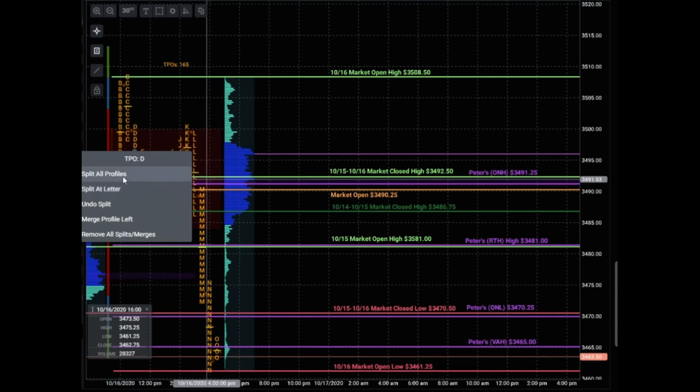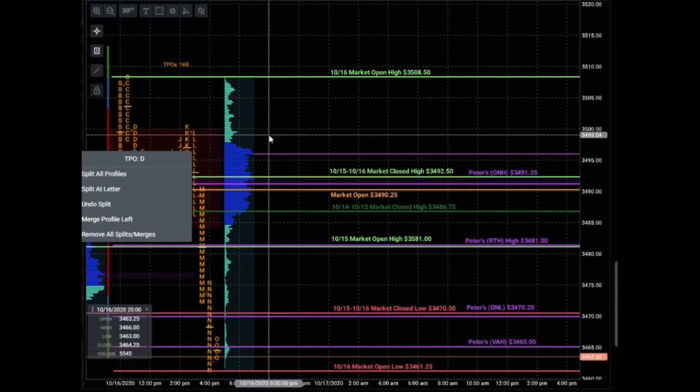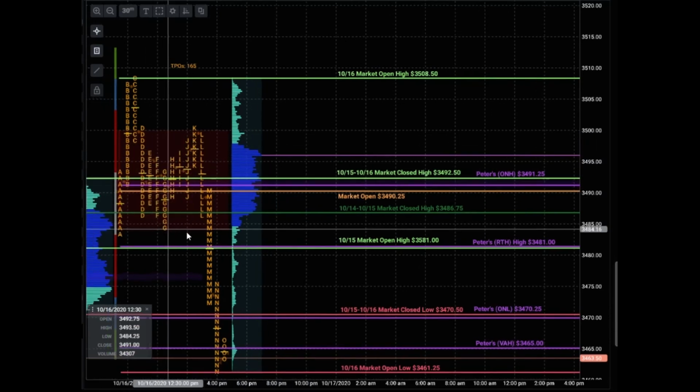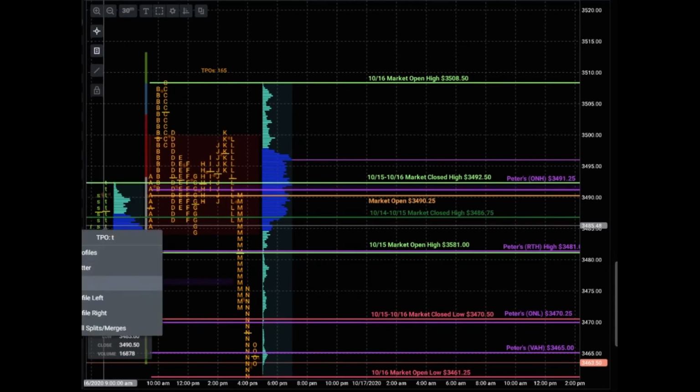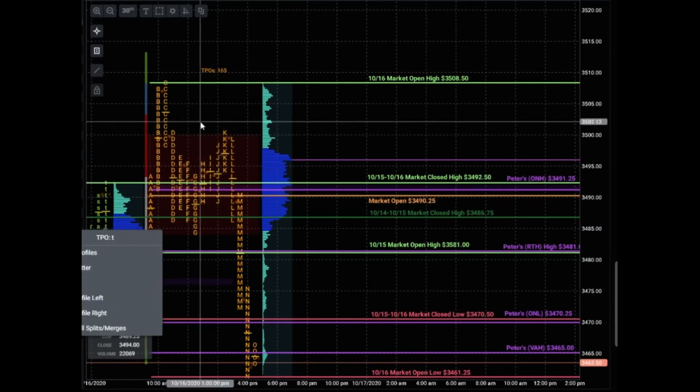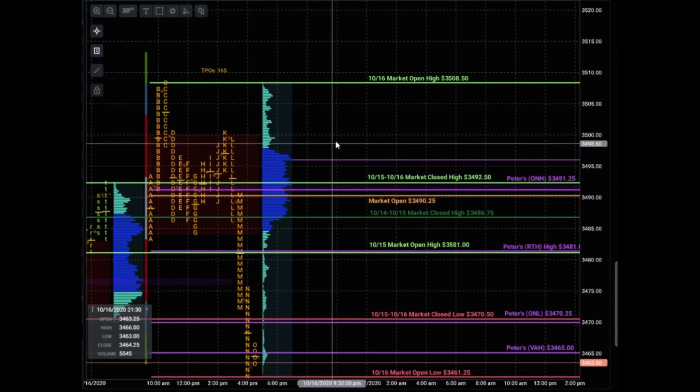So in the morning, I think it'll say split all. It'll say split group below this, split the single profile. So I'll click on that, and it'll separate my letters so they're not stacking on top of one another. So hopefully Tradovate can fix that, because I'd rather click all and not have to do that for each day. You see they have it right there for that too. And those are the green letters. Those are the after hour trading.